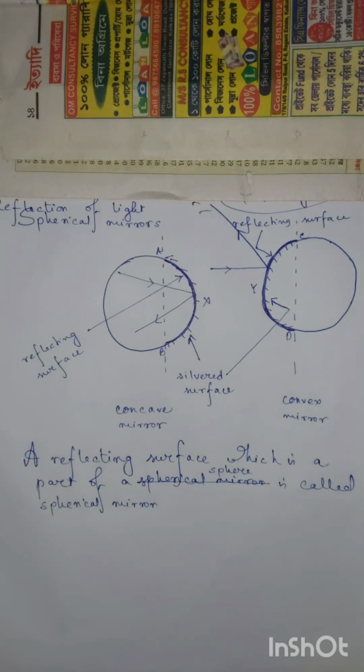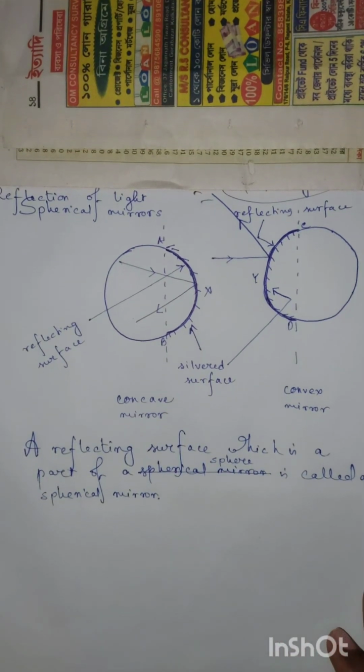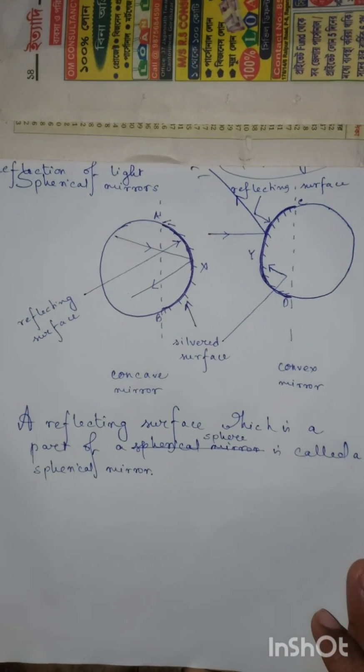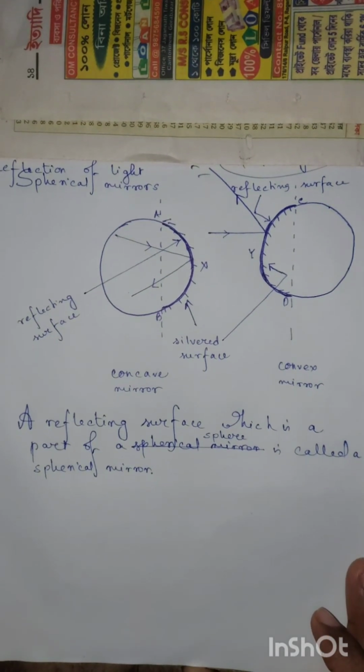So we can write a reflecting surface which is a part of a sphere, okay, is called a spherical mirror.